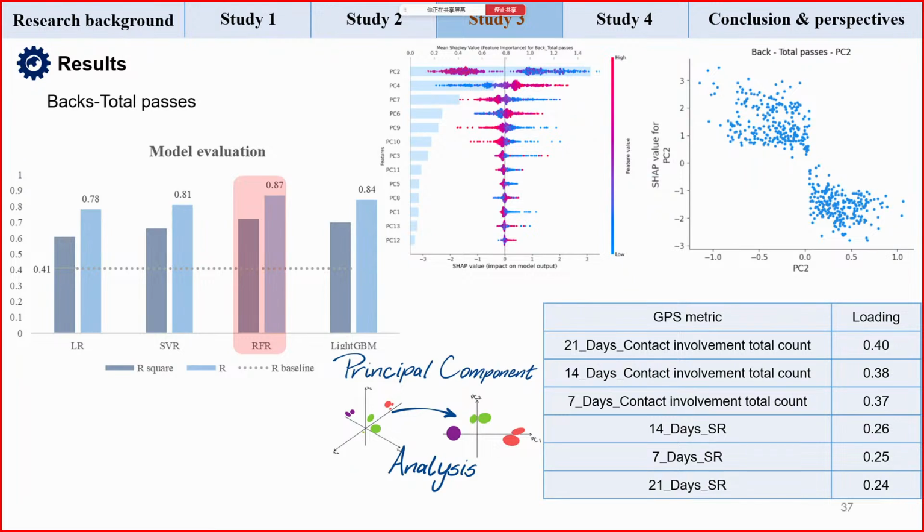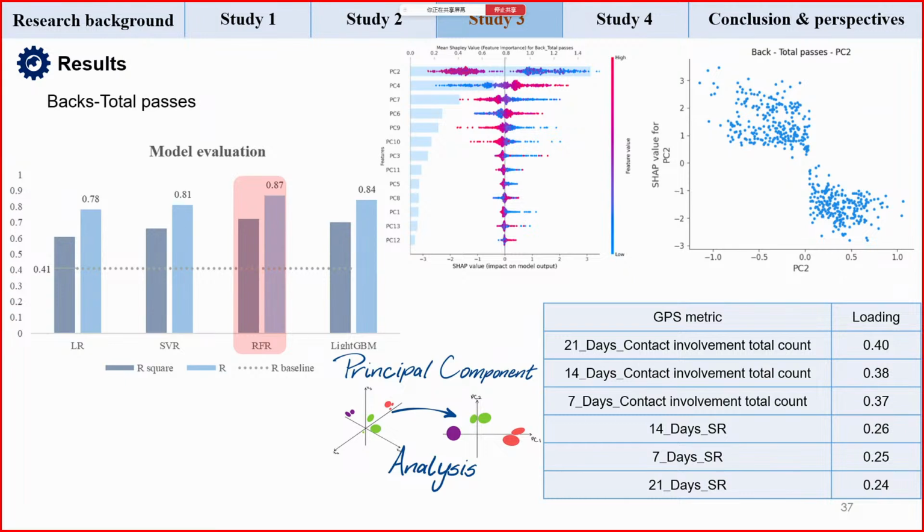And according to PCA, the main contributing factors to PC2 include contact involvement total count for 21, 14, and 7 days, as well as sprint running distance for 14, 7, and 21 days. So if the coaches want the players to perform more total passes in the match, the PC2 value should be reduced.